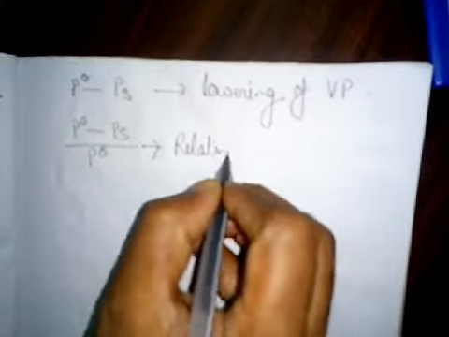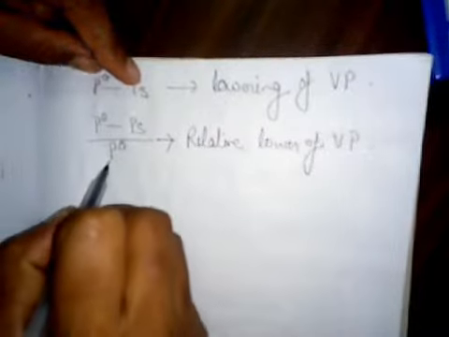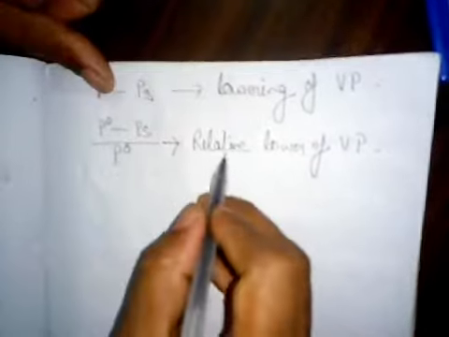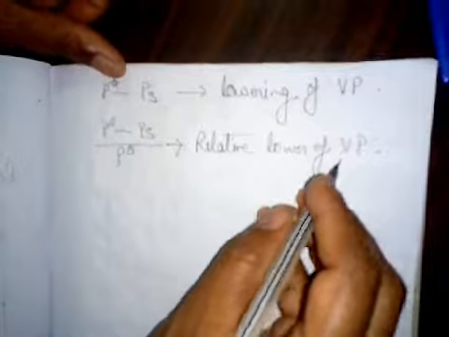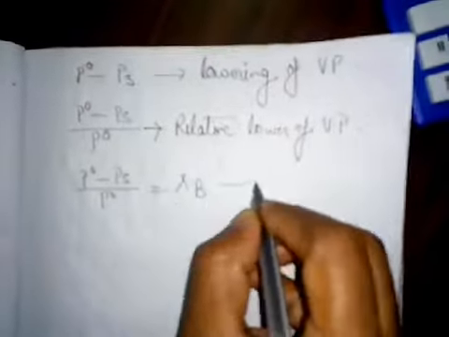P naught minus PS by P naught is called relative lowering of vapor pressure, because P naught minus PS, the lowering of vapor pressure with respect to P naught, the vapor pressure of solvent, is called relative lowering of vapor pressure, which is equal to the mole fraction of solute.